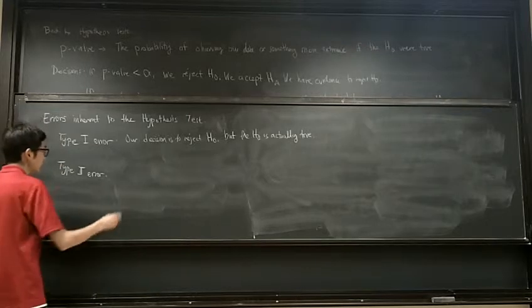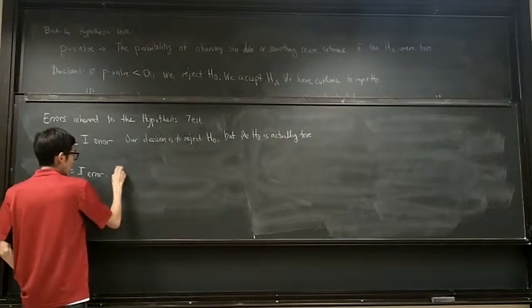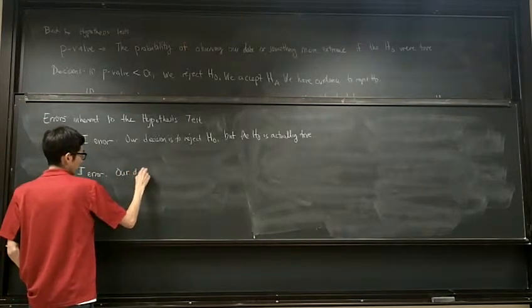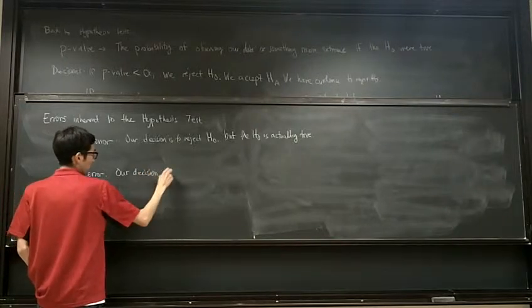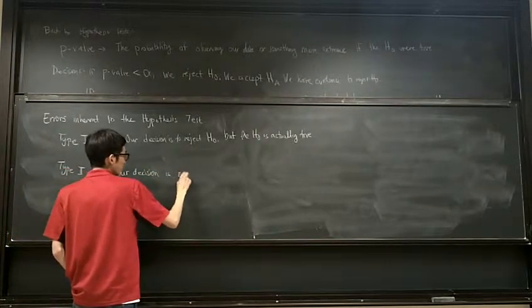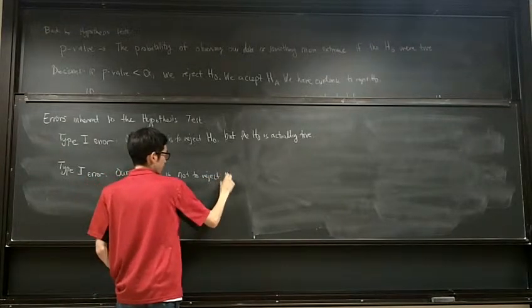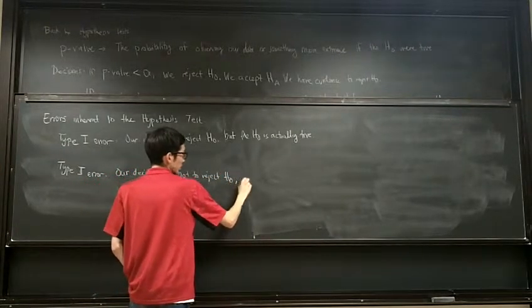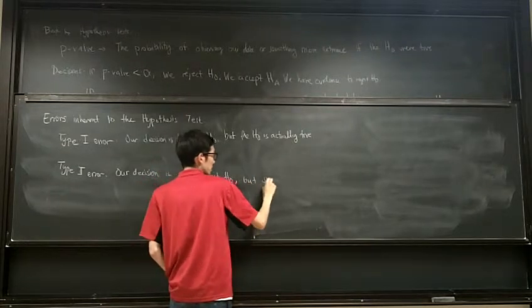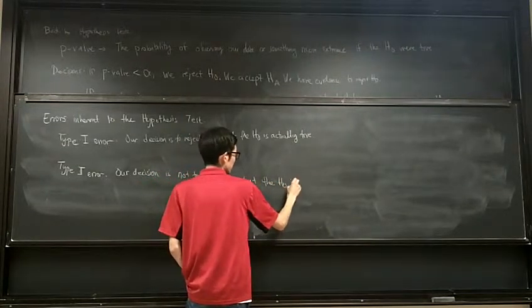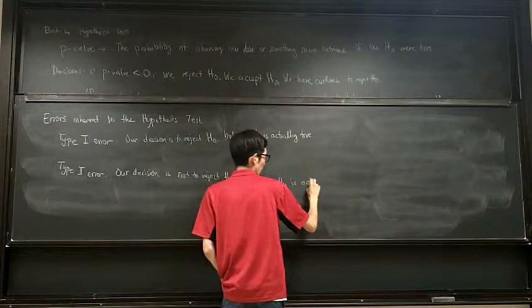And the type 2 error is the opposite. Our decision is not to reject the null hypothesis, but the null hypothesis is actually false.